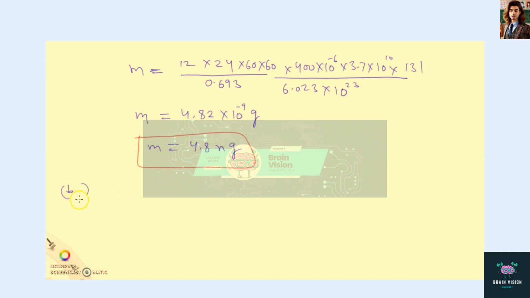Now, in the second part of the problem, we have to find the time for which this lab should be closed, because the recommended safe radiation level is given as A equal to 1.00 microcurie.